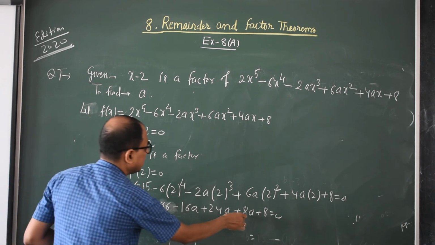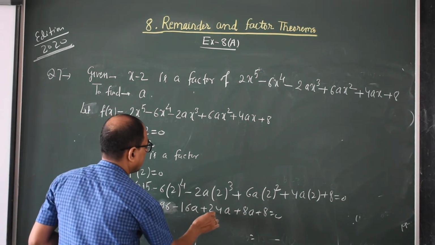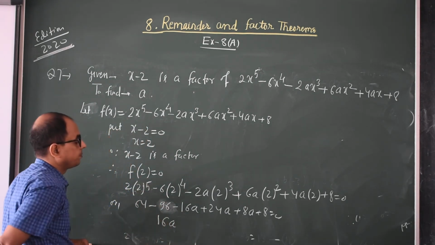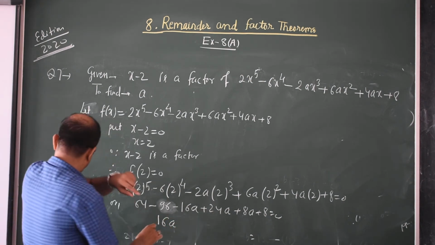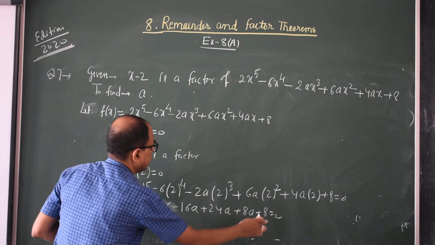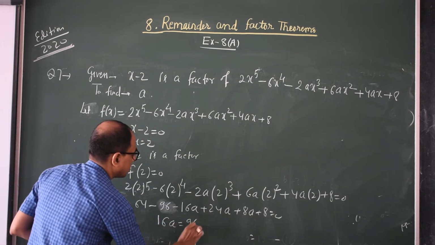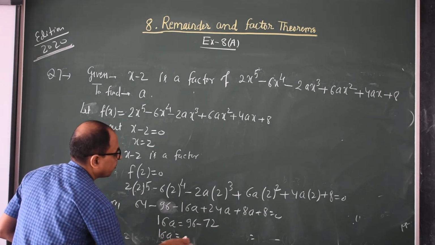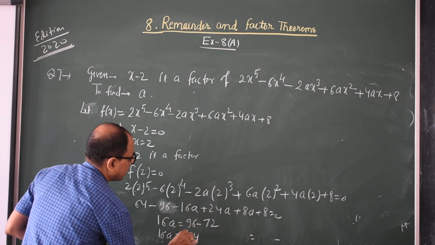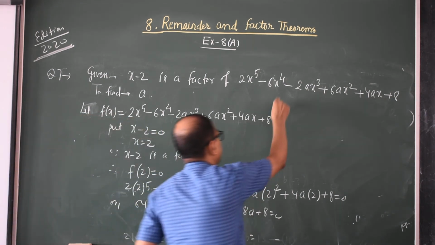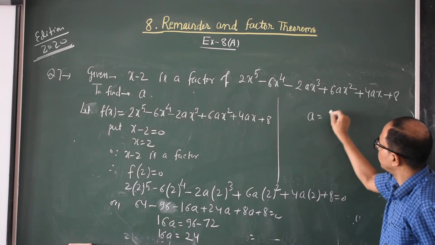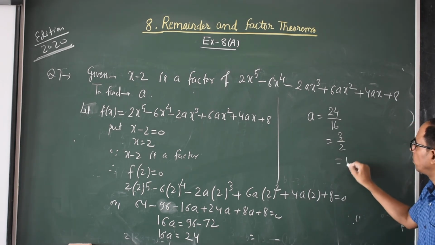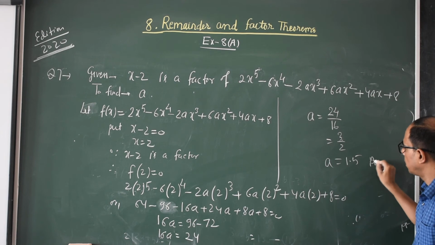So this will be 8a plus 24a minus 16a, that is 16a, and 64 plus 8 it will be 72. So it will be 96 minus 72. So 16a is equal to 24. So the value of a will be 24 by 16, that is 3 by 2, so 1.5. This is the value of a. Answer.